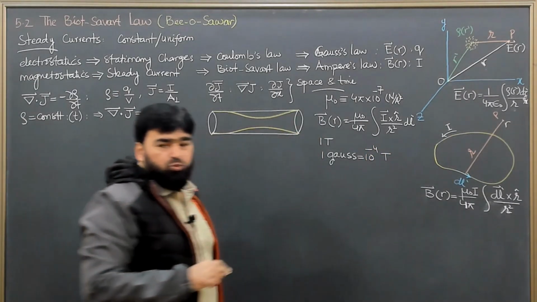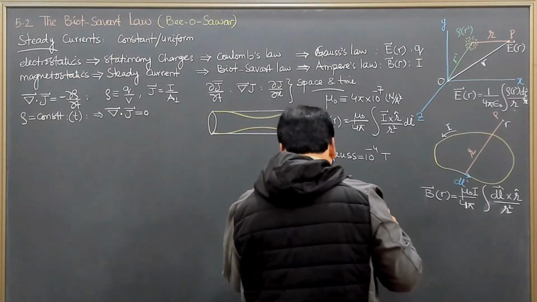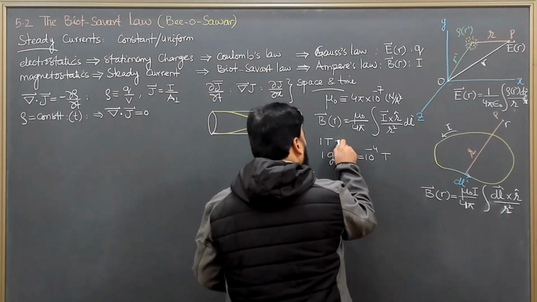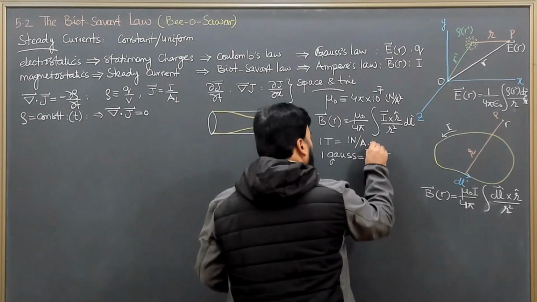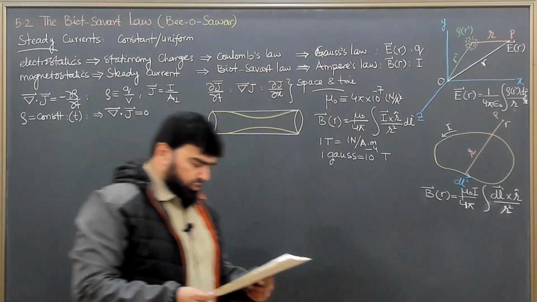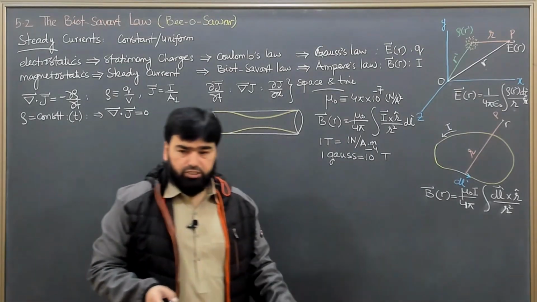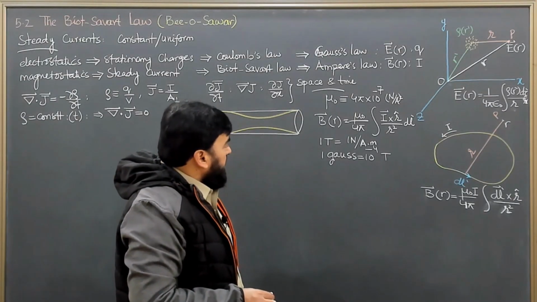So Tesla is a very big unit of magnetic field. 1 Tesla is equal to 1 Newton per ampere meter. So in their dimensions, I can write this thing like this.